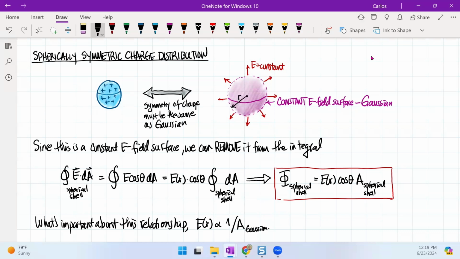That's what determines the electric field. By the way, I should have said that A of a spherical shell is 4 pi r squared.